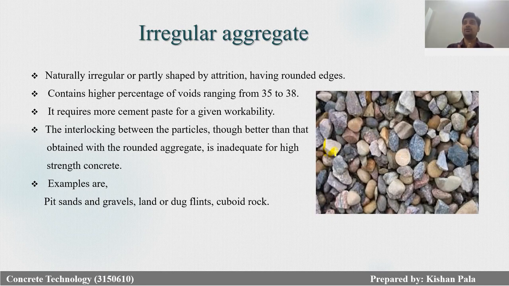Examples of irregular aggregates are pit sands, gravels, land-dug flints, and cuboid rocks.